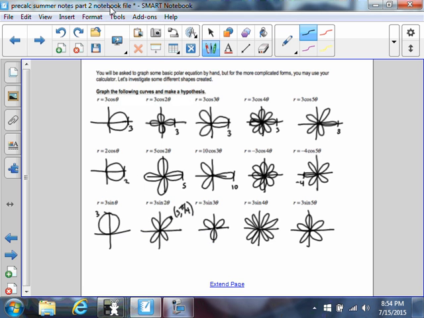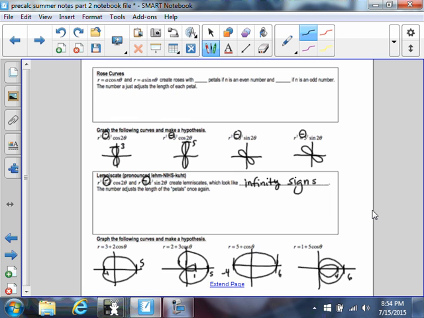These are called the rose curves because they make little flowers. If we have an even number, we end up with double the number of petals, and if we have an odd number, we end up with exactly the same number of petals. So those are the rose curves that we just did.